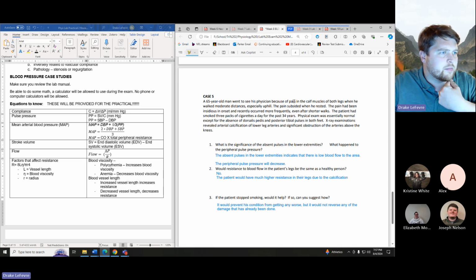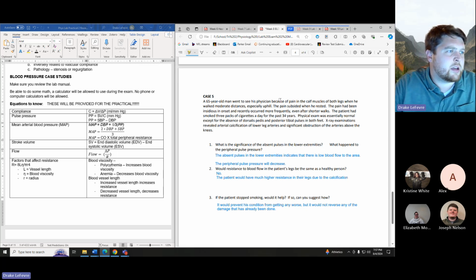I think this one is claudication. He seized his position because of pain in the calf muscles of both legs. When he walked moderate distances, especially uphill, the pain subsided when he rested. The pain had been insidious in onset and recently occurred more frequently even after shorter walks. The patient had smoked 3 packs of cigarettes a day for the past 34 years.